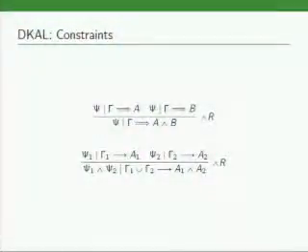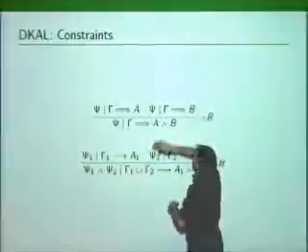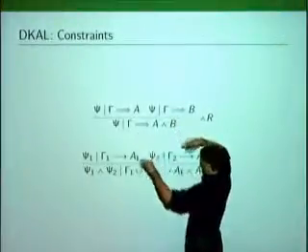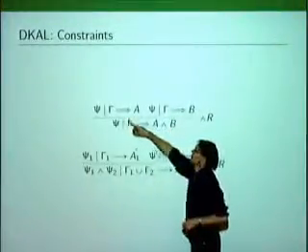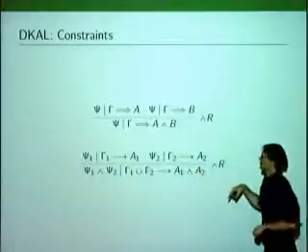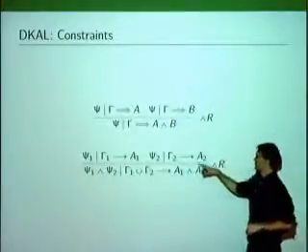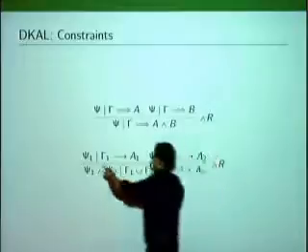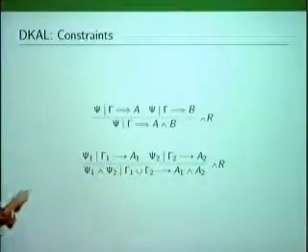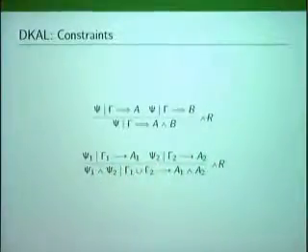We can look at some of the rules for this. Some of them are kind of obvious. These are backwards rules. So you just pass the constraints to the subsequent, and here you combine the constraints. This is kind of the obvious thing you would write down.